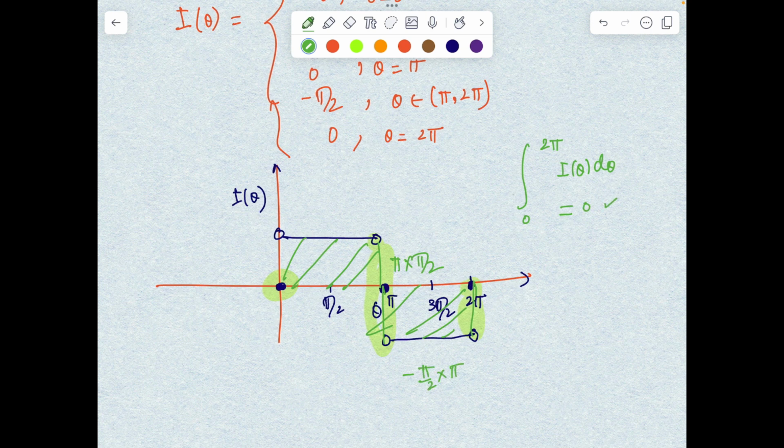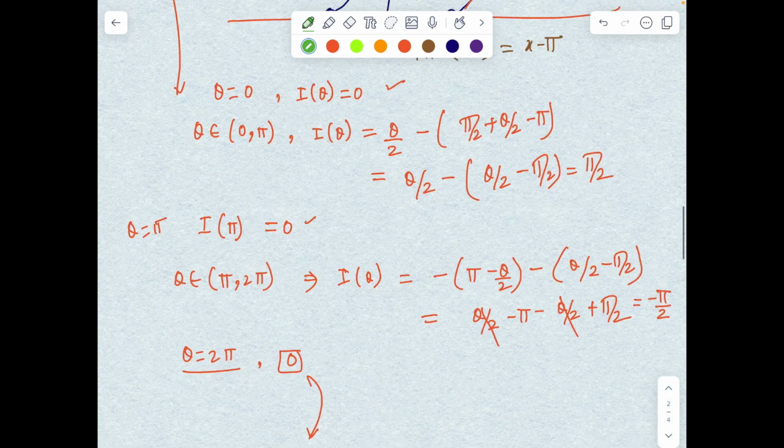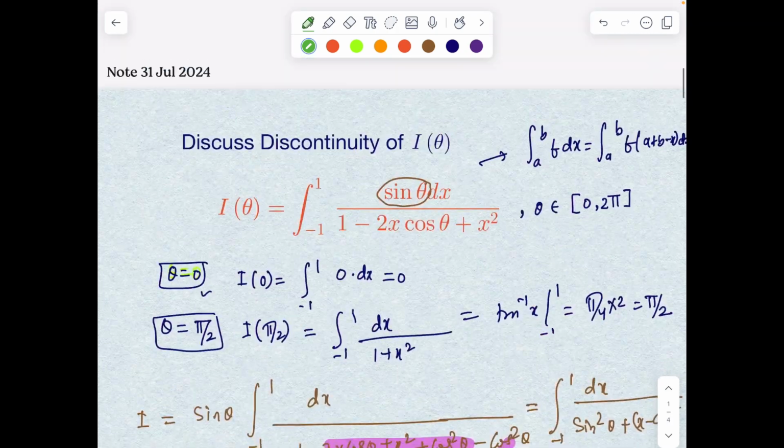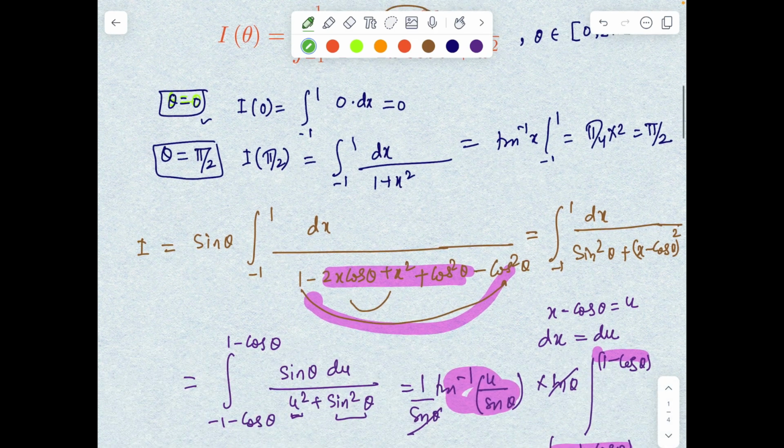So this integration will die because it's kind of symmetric about pi. Alright. So many questions could have been asked here, and still the number of points of discontinuity is going to be 3, and 3 is also the number of points of non-differentiability. So hence I can tell the given function is discontinuous at 3 points and is non-differentiable at 3 points as well.